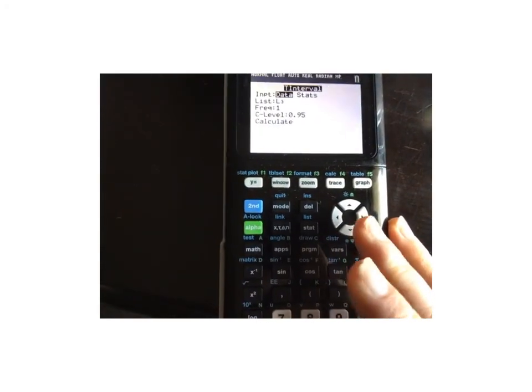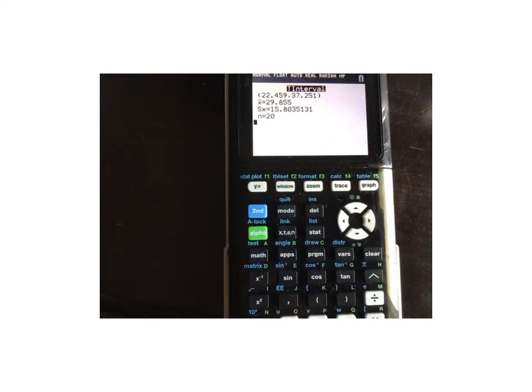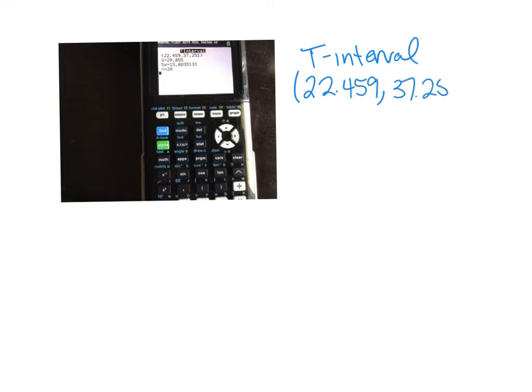Let's change it to 95 and calculate. And so our interval here is, we'll write t interval, 22.459, comma 37.251.